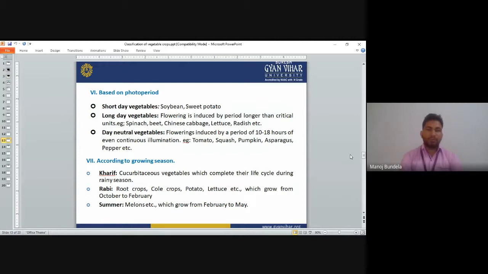According to the growing seasons: Kharif crop, Rabi crop, and summer crop. Kharif crops are all cucurbitaceous vegetables which complete their life cycle during the rainy season.